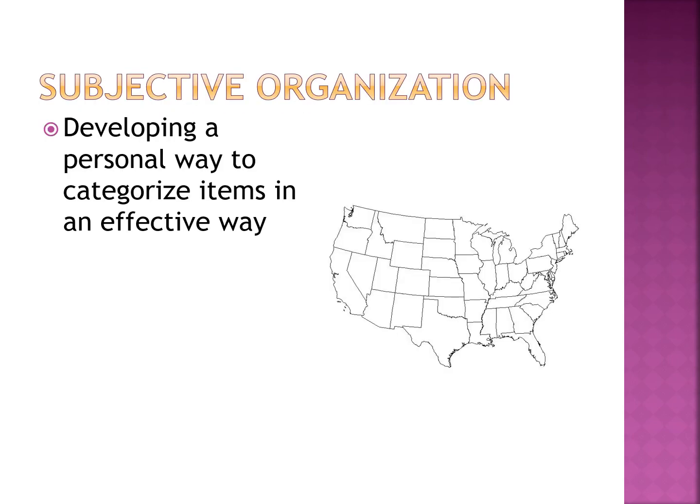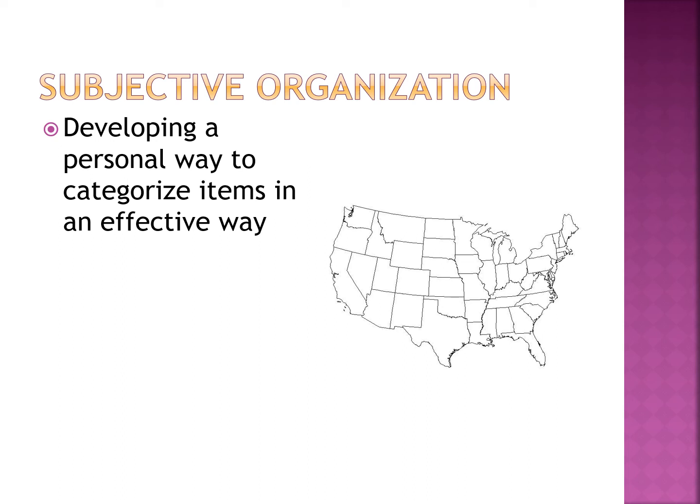So, an example that I usually give is, can you list the 50 states? On this picture, I know it's a little small, but could you, given time, write down all of the different states and label all the different states? Some of you might be able to, some of you might not.